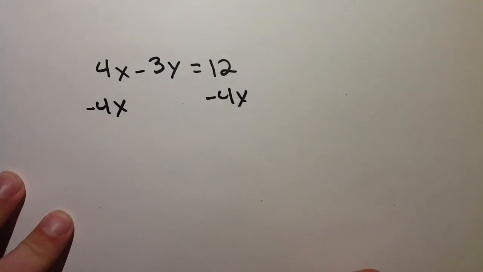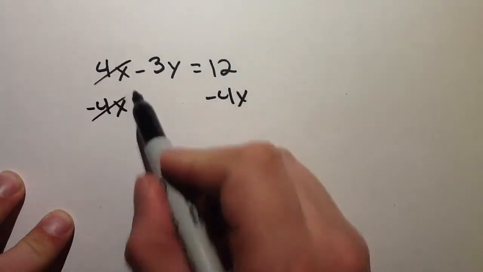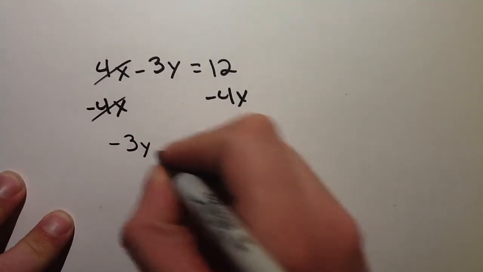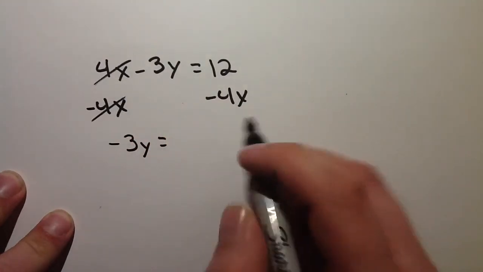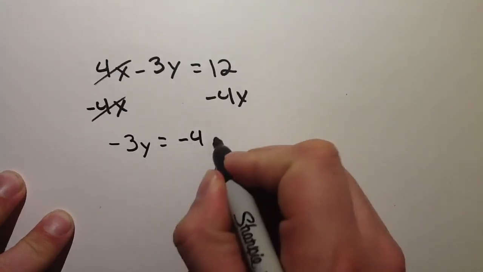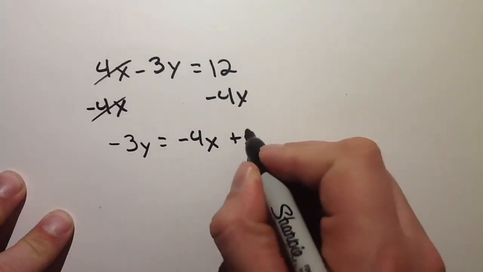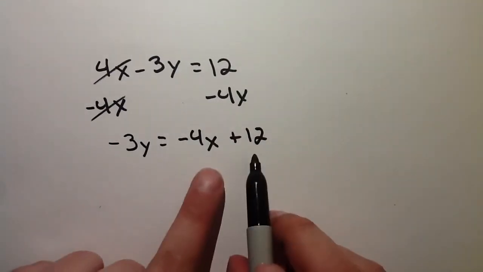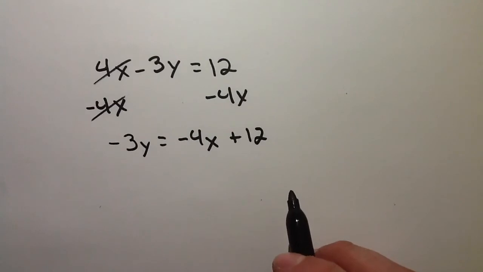So I need to subtract 4x from both sides. Those cancel out. I'm left with a negative 3y on this side of the equal sign. And I'm going to write this in this order: minus 4x, and that's a positive 12, so I write down a positive 12. I can't combine those because they're not like terms.